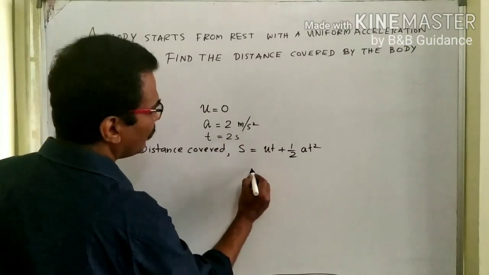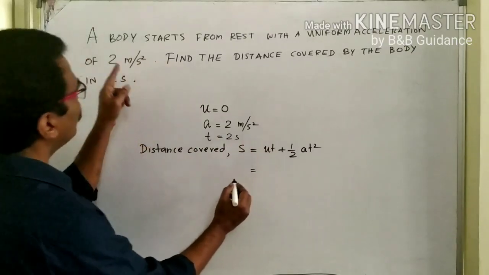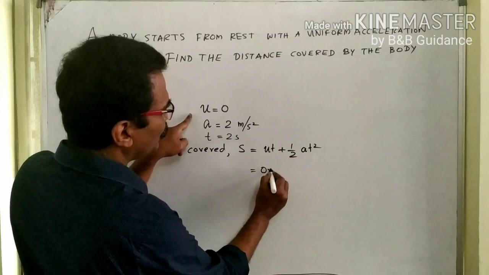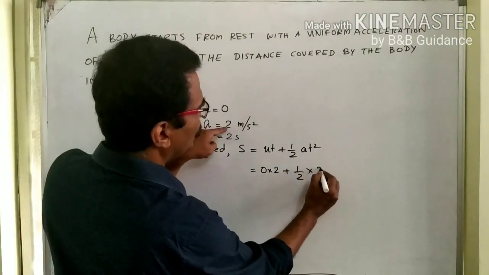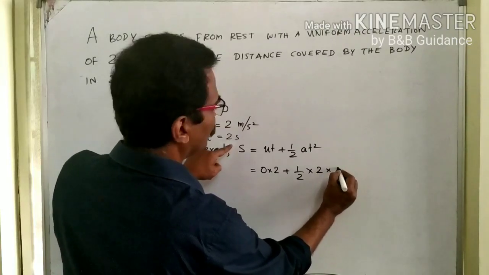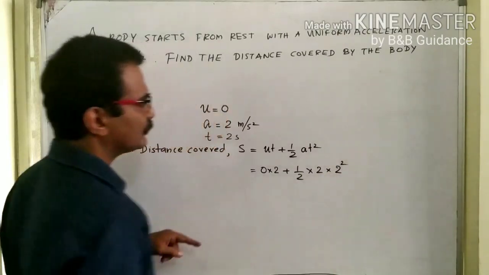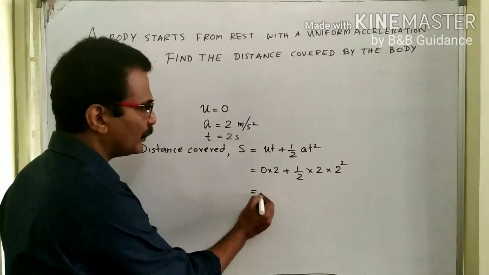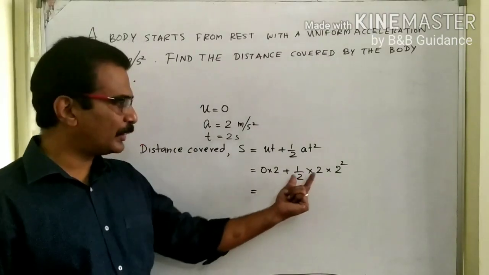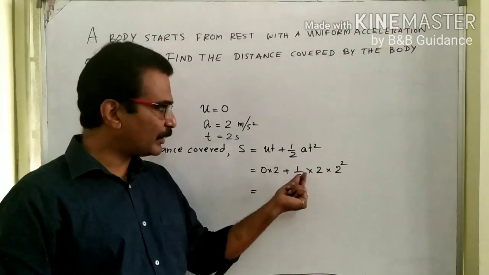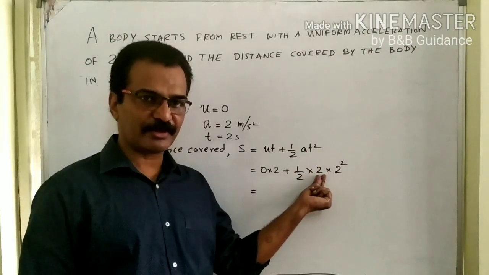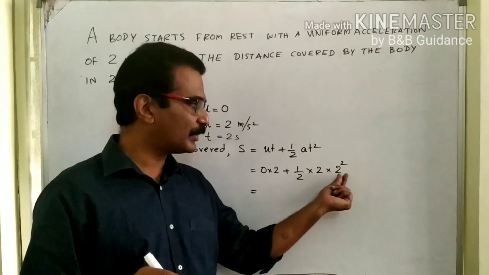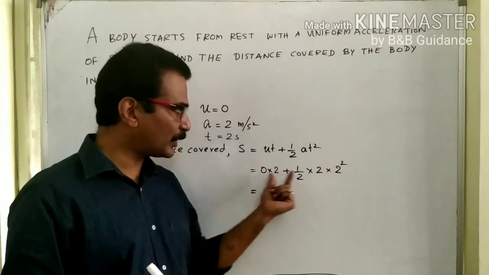Okay, so I am substituting. Very simple question. U is equal to 0. 0 into 2 plus half into 2 into 2 squared. Please note that I did not write the unit here. If I am writing unit for acceleration, 2 meter per second square, I must write a unit here also. Otherwise, do not write unit.